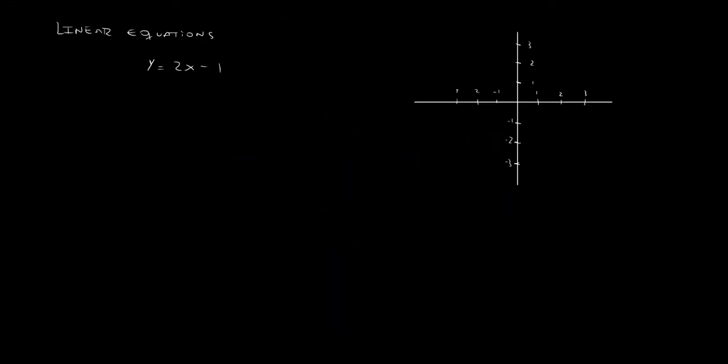Let's now take this linear equation, y equals 2x minus 1, and try to make a plot for it. One way to do this is, first we assign a few values for x, and then we evaluate y equals 2x minus 1 to see what number belongs in the y-axis for each number we have in the x-axis.